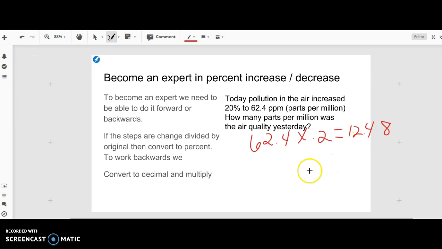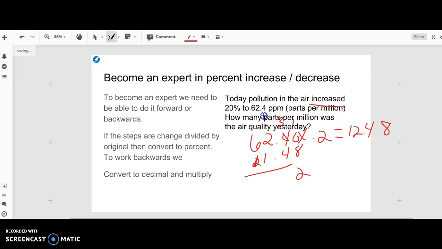So yesterday, today it increased, so yesterday it should be smaller. So 62.4 minus 12.48. That's a 3, that's a 10, so we have a 2.